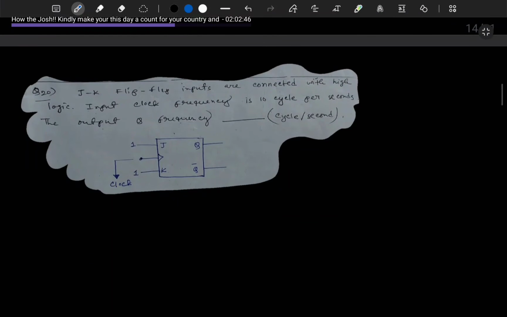Then comes question number 20. A JK flip-flop is there, connected with high logic. Input clock frequency is 10 cycles per second. Find the output Q frequency in cycles per second.